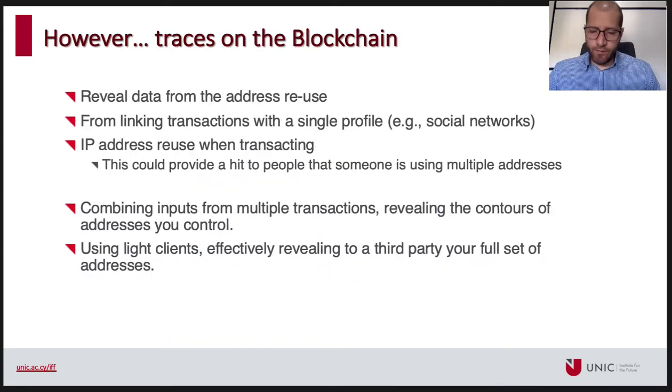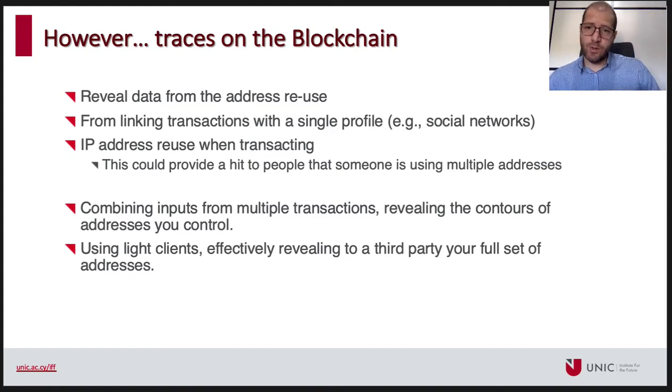However, although the characteristics of the Bitcoin blockchain and blockchains in general are quite interesting in terms of their anonymity and the security of the transactions, there are traces on the blockchain that can reveal more information from address reuse, from linking transactions with external profiles such as details from social networks.